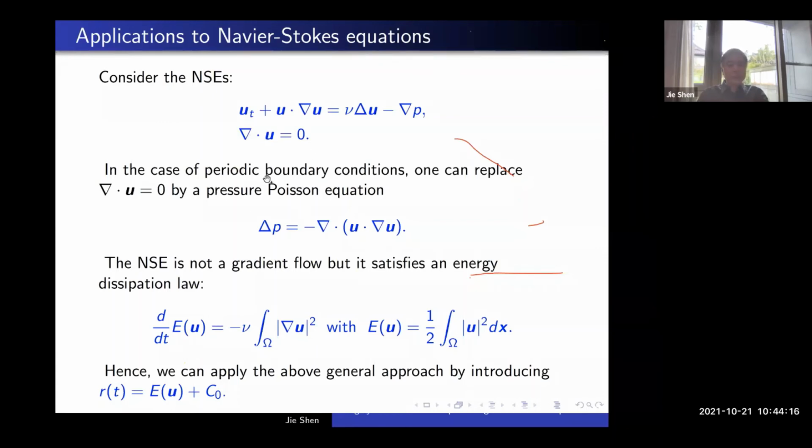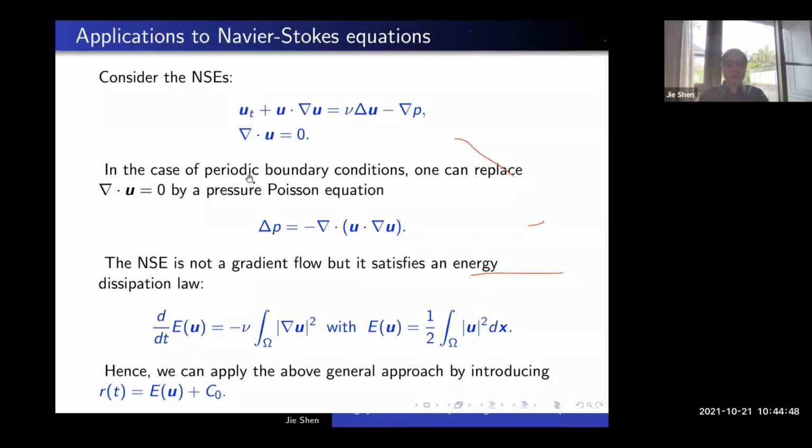We consider periodic boundary condition first. Then you can replace the divergence free condition by taking the divergence of the first equation. You get a Laplace equation for the pressure, like this. Since it's a periodic boundary condition, pressure also has the periodic boundary condition, so you can replace this by this.